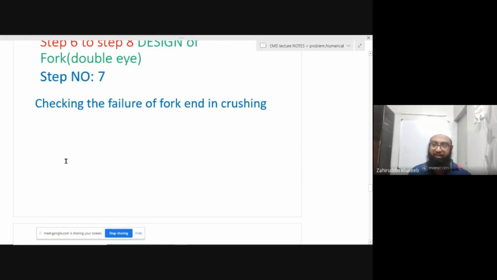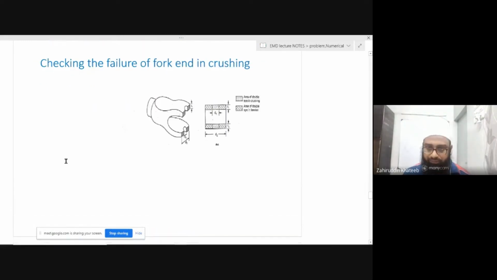Next we will move to the next step, that is checking the failure of fork end in crushing. So we have the formula sigma ck is equal to W upon 2 multiplied by D1 into T1.